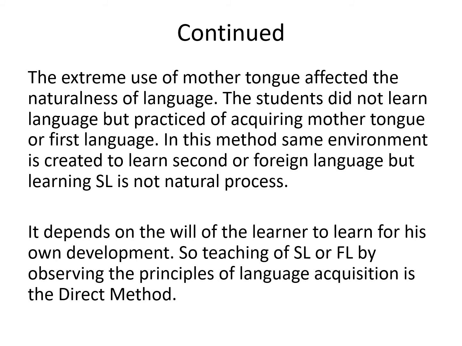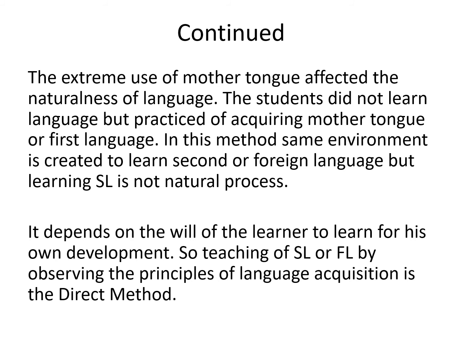In this manner, the same environment is created to learn a second or foreign language. But learning a second language is not a natural process. They try to create an environment that seems natural, like the one in which a child learns the first language, but the second language is not a natural process.